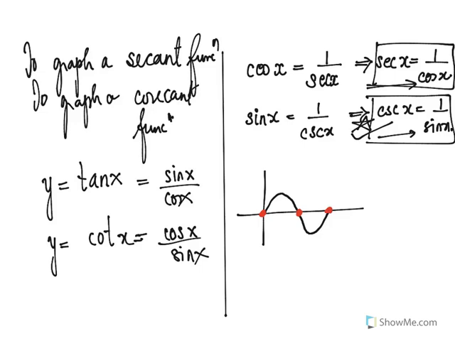Because what will happen if sine becomes 0? I will have cosecant undefined. Or in graphical terms, I can say that it is going to behave like a vertical asymptote at the zeros. So for my cosecant graph, I will have asymptotes. These are the asymptotes that I'll have in one cycle.